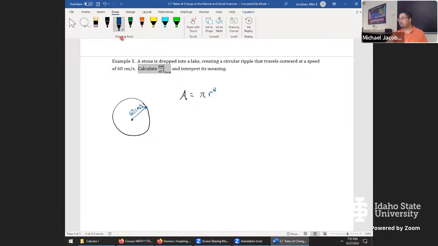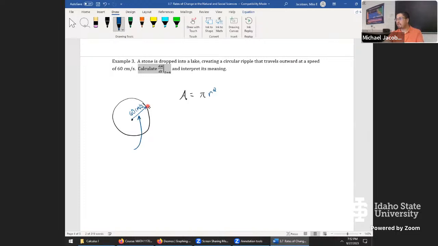We go back to the drawing board and decide, well, if there's a time component, where should time actually go? Anyone see where it ought to be? Exactly. So this right here is a wave that's propagating at 60 centimeters per second, but it's also what goes in place of r squared, like you said. It's literally the radius.